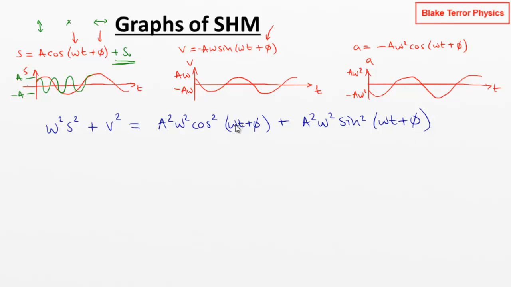So they're just going to cancel out from our trig identity of sine squared plus cos squared equals 1. So that is just equal to A squared omega squared, which gives us an expression now for v squared. So we can say v squared is omega squared times A squared minus s squared.